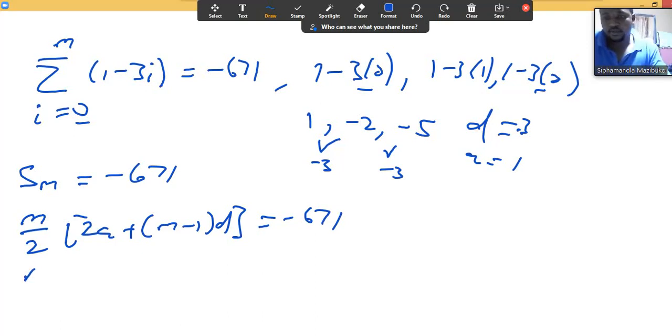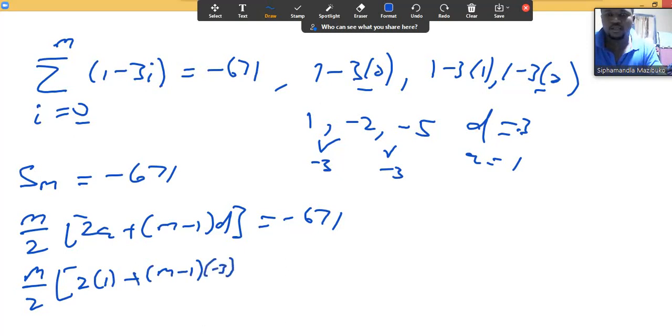Okay, so we have n over 2, and then we have into 2 times 1, our a, plus n minus 1 into minus 3, our d, equal to minus 671.